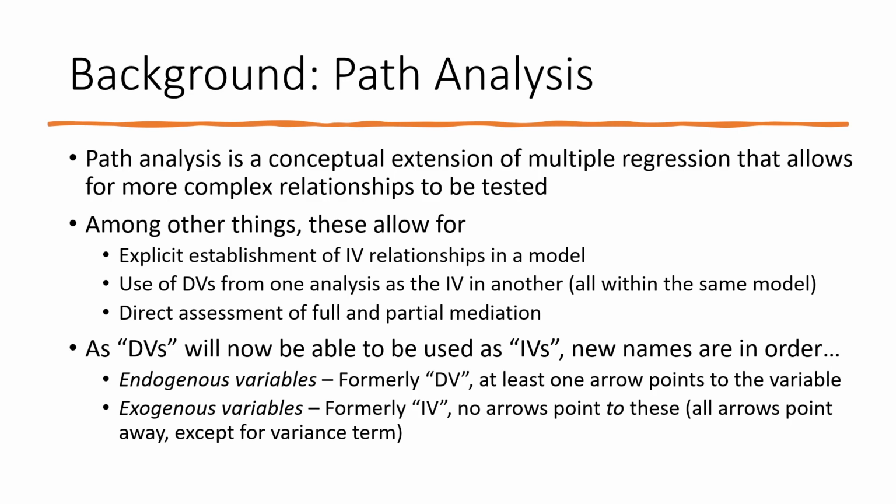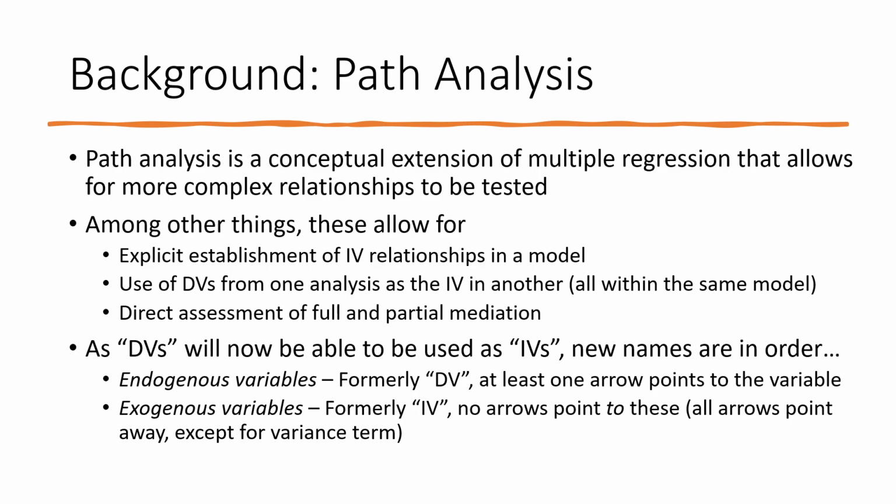Now, what's interesting about exogenous variables is that we say no arrows point to them, with the exception of variance and covariances. So we can have exogenous variables that have variance and covariances, but no directional arrows point to these exogenous variables. If a variable has an arrow pointing to it, it's endogenous.